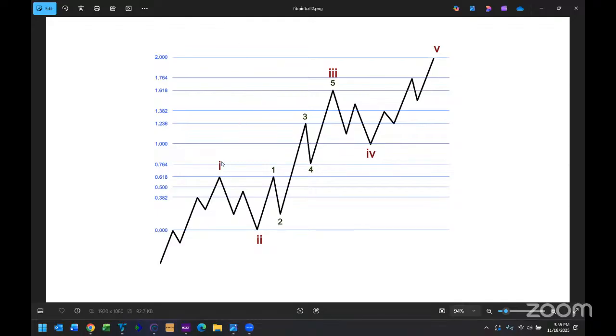What Elliott said when he said it's fractal in nature is that each of these then divide up even further. Whereas 1, 3, and 5 move with the trend, waves 2 and 4 are counter trend. But take note that 1, 3, and 5 subdivide into five-wave structures themselves.